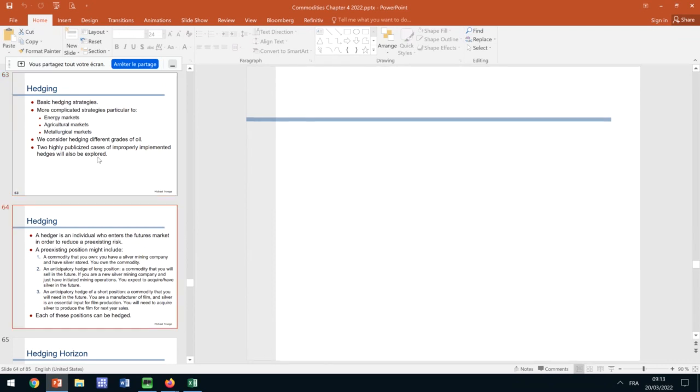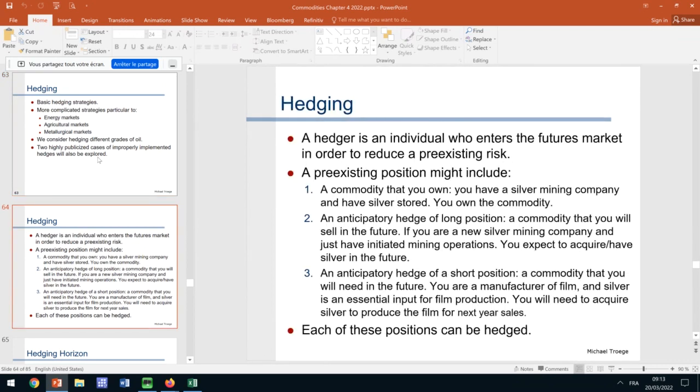So basically you have two types of hedgers. You have the producers and you have the consumers, or the companies that need the commodity as an input material.